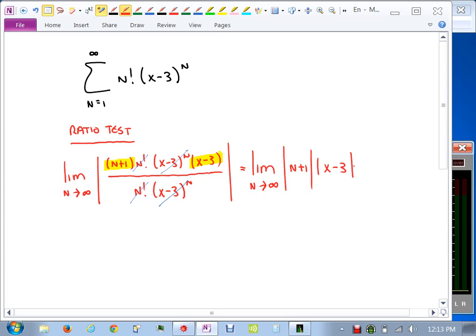Uh-oh. What's happening as n goes to infinity here? This thing's going to go to infinity times x minus 3. We need that to be less than 1? There's only one way that's going to happen. If x is 3. If x is 3, this is 0.